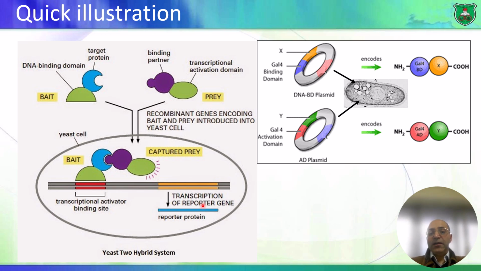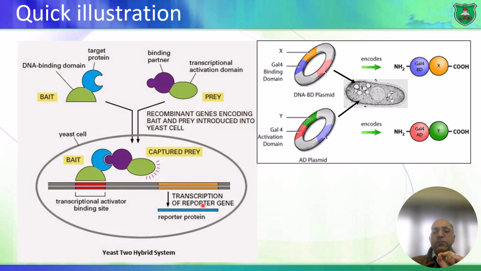If X-GAL is cleaved, it's going to generate a blue product, and the yeast cell and the yeast colony becomes bluish. And the color blue indicates that X interacts with Y.